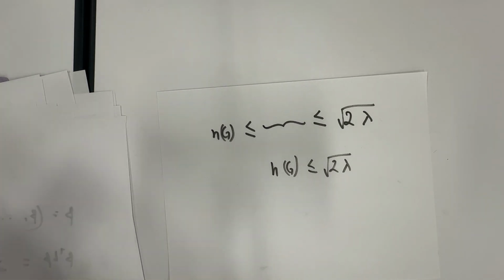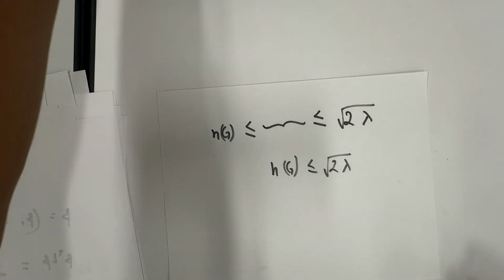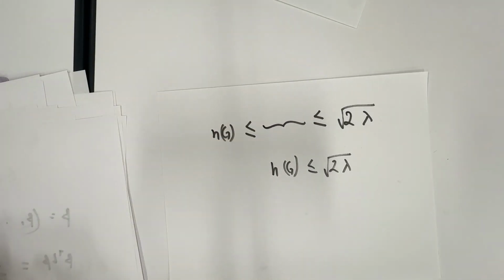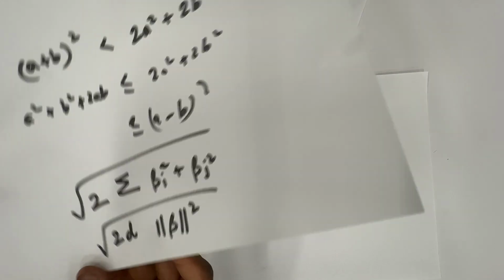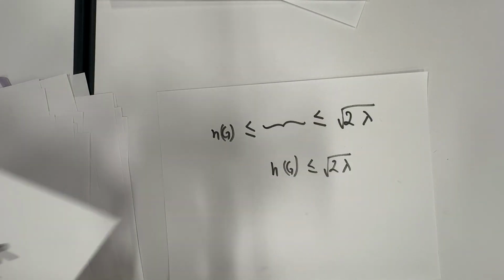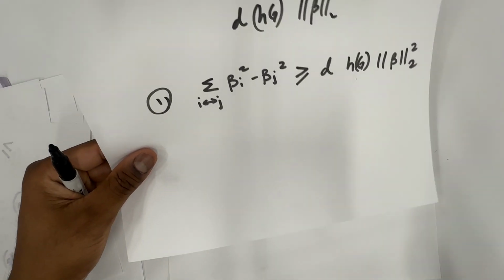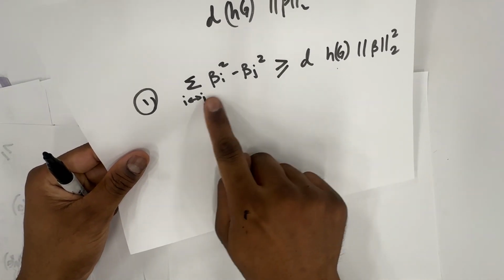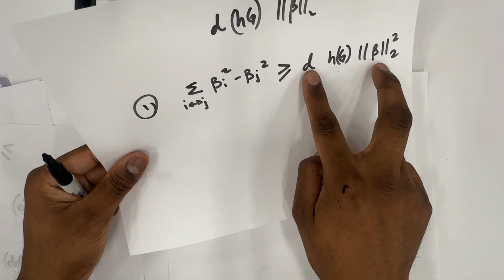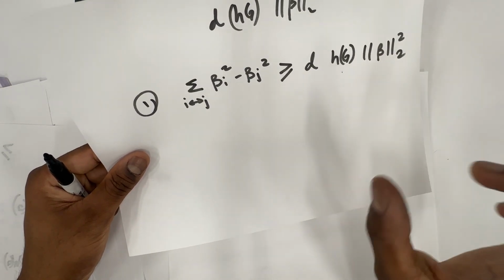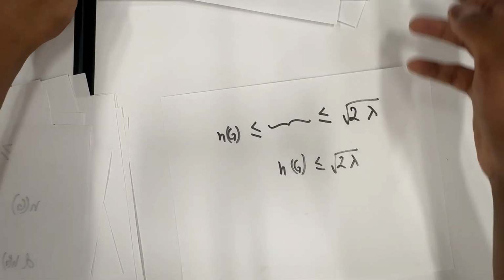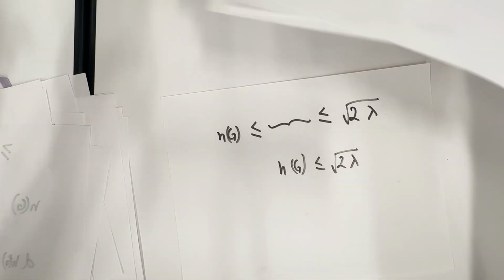That intermediate quantity was less than this square root of 2 lambda, which is just the newly derived result, and it was greater than h(G) something, which we found using the telescoping aspect. This was the intermediate quantity. It is greater than this d beta squared, and d beta squared was present on both sides, so they cancel, and h of G is less than this particular number.